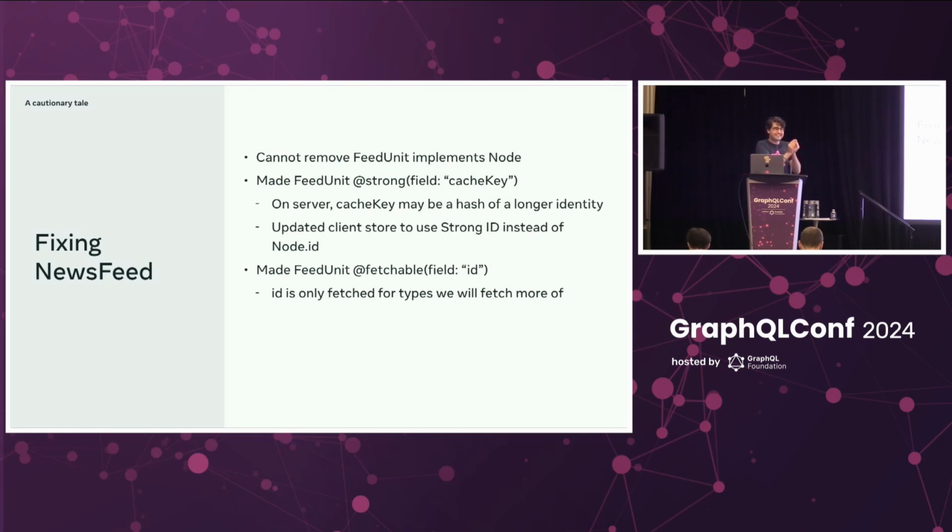It was really the keys that were causing us all these problems. Now, the old clients remained compatible with, they're still using Node. It's kind of a weird version of Node, where node is now kind of representing fetchability rather than pure lookup ability, but it works.